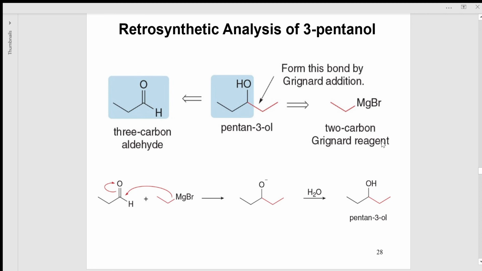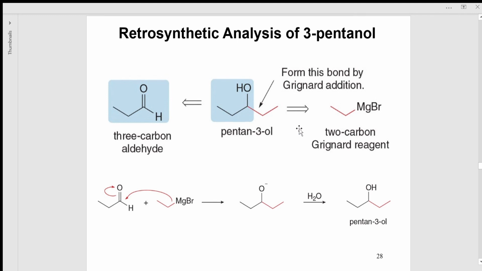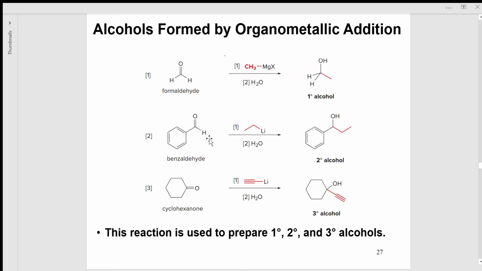Well, I have a quick question here: to synthesize a target alcohol molecule. This is the molecule I want to make. It's a secondary alcohol. From the reaction we just learned, this is a secondary alcohol. We have a lithium reagent on the right side. We have an aldehyde on the left side.